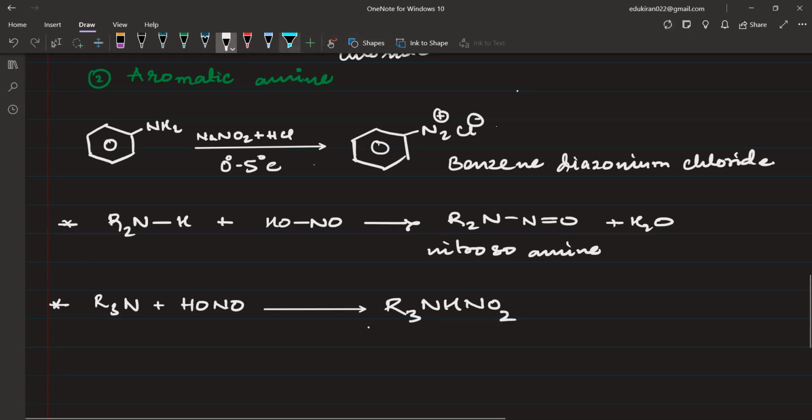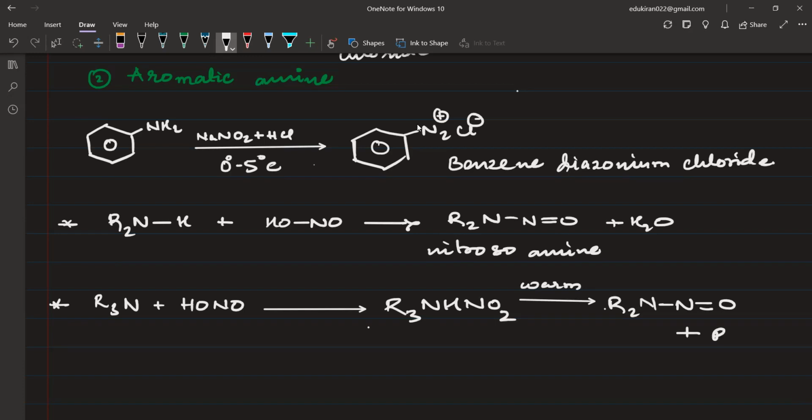But it is not very stable. If you just warm it, we are going to get nitrosamine once again, R2N bonded to nitrogen, doubly bonded with oxygen, plus we get ROH, alcohol. Write this down.